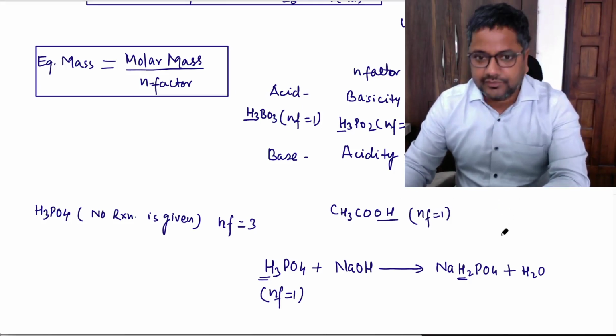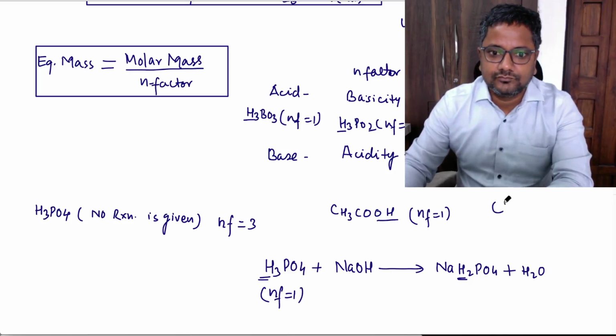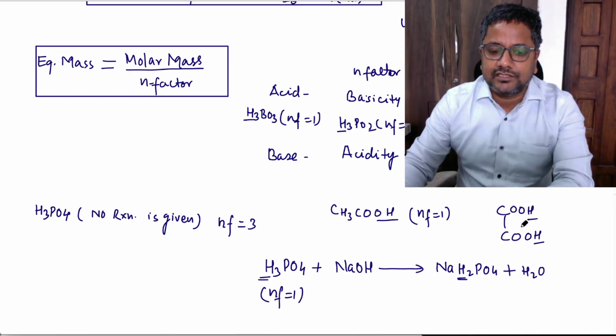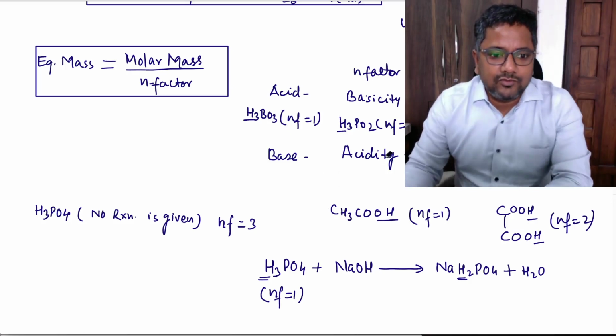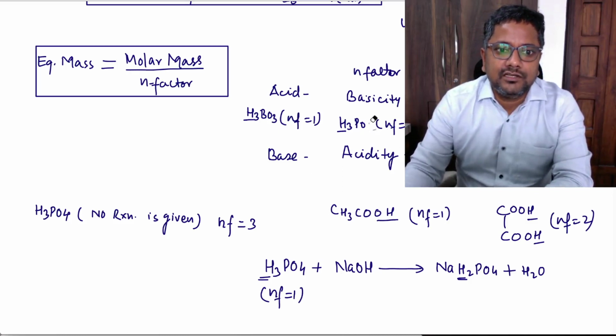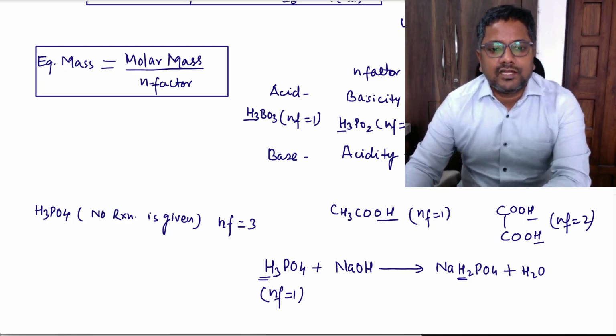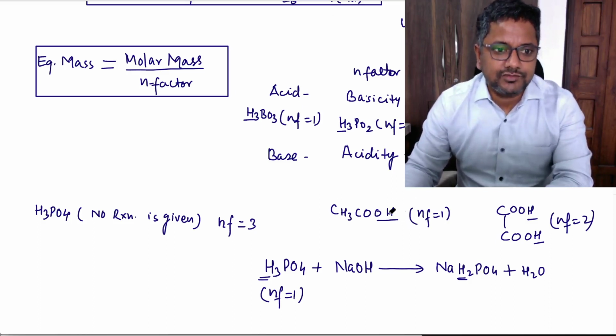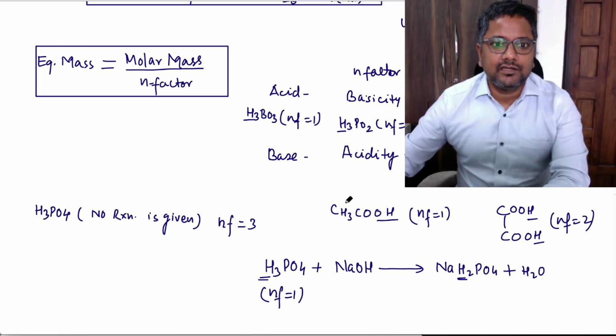Similarly, if oxalic acid is given, the H attached with oxygen is replaceable, so the n factor is 2. All of you should remember these exceptional acids: H3BO3, H3PO2, H3PO3, in which the n factor is not equal to the number of hydrogen atoms present in the molecule. In this way you can calculate the n factor for acids and bases.